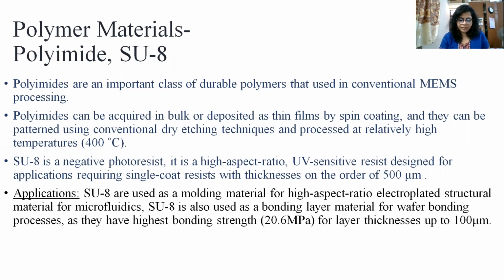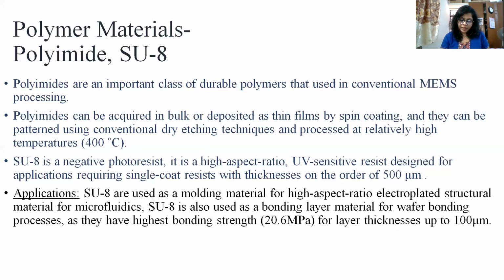Shear stress sensors, also used as sacrificial layer due to the chemical inertness, and it can withstand up to 400 degrees Celsius temperature. SU8 is a negative photoresist. It is a high aspect ratio UV sensitive resist, single coating deposit with a thickness of 500 micrometer.